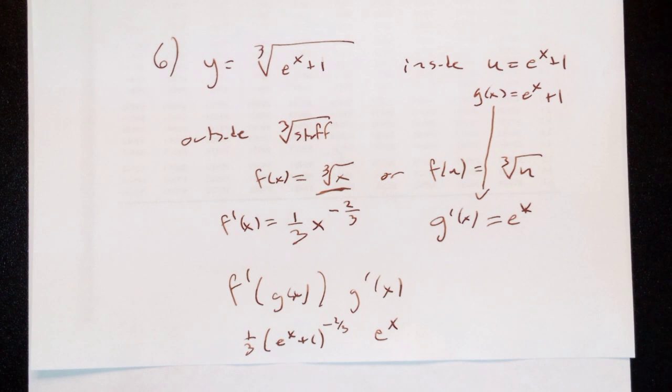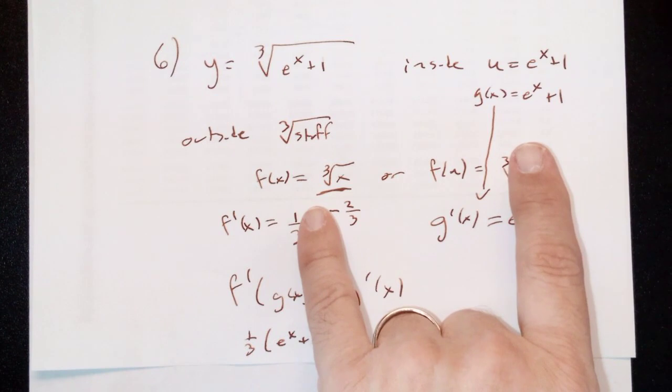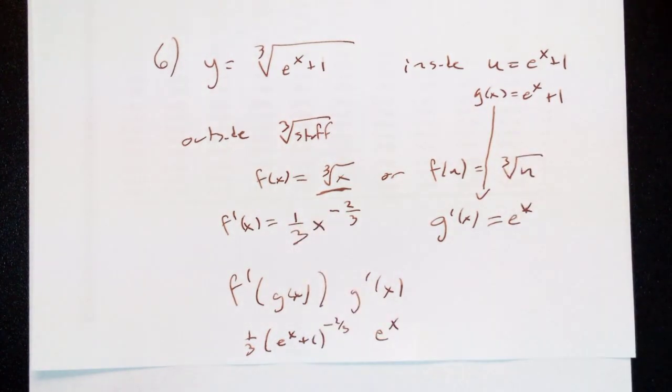I want you to identify which piece is inside and which piece is outside. That's the composite form, right? F of G. So F is the outside part. G is my inside part. I've labeled them appropriately, haven't I? Then I do the derivative of each part.